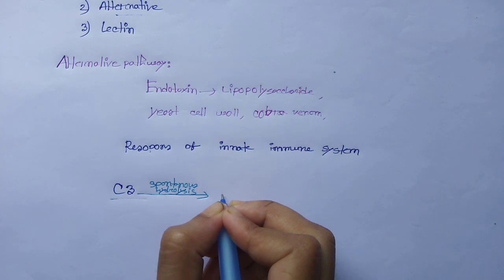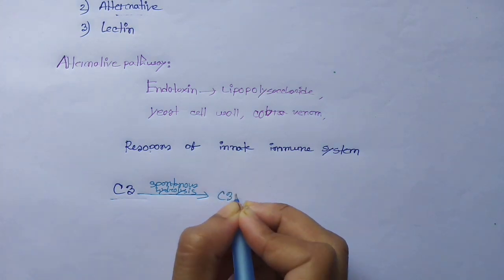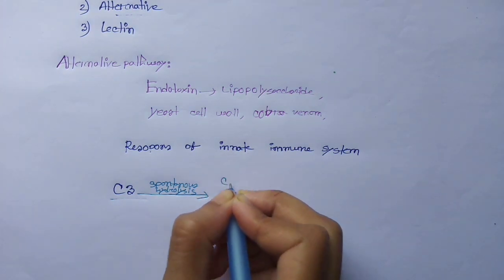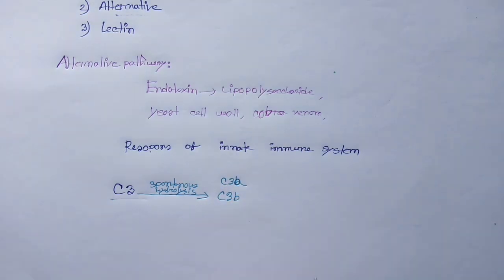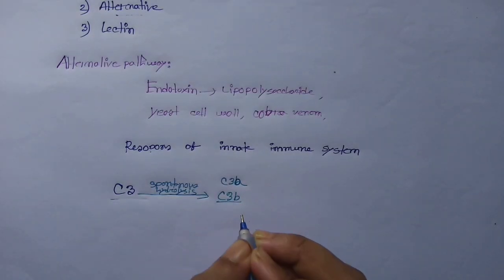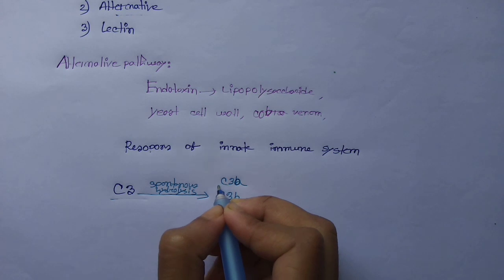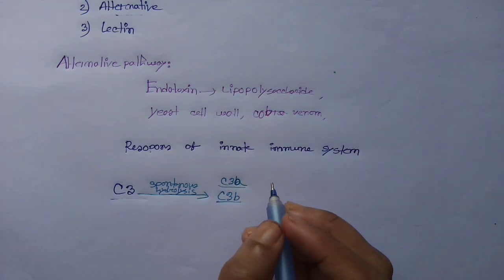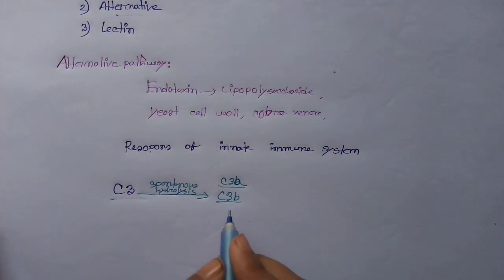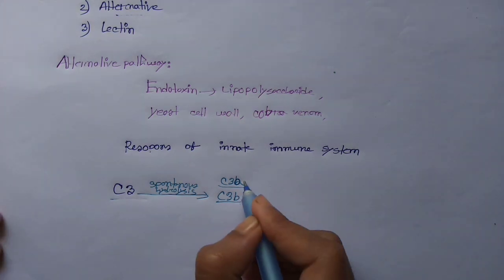It forms two fragments, C3b and C3a. C3b is the larger fragment and C3a is the smaller fragment. C3b is the main component of the alternative pathway.